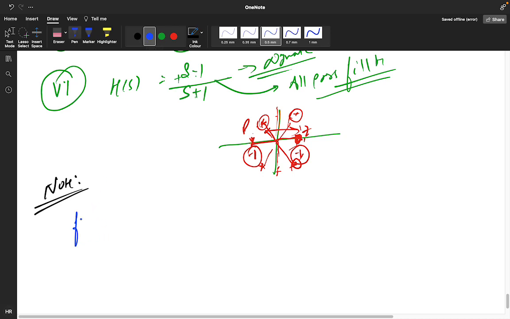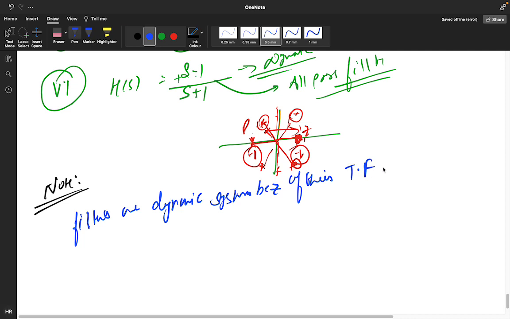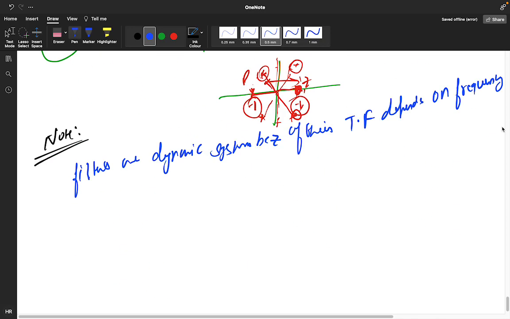Filters are a dynamic system because their transfer function depends on frequency. Actually my writing is very poor.